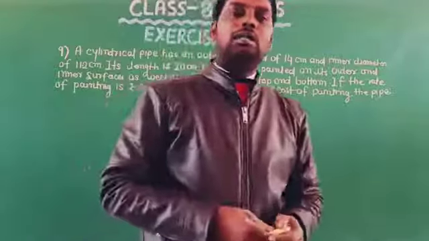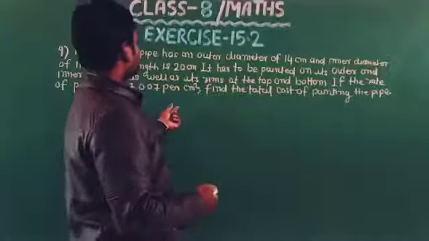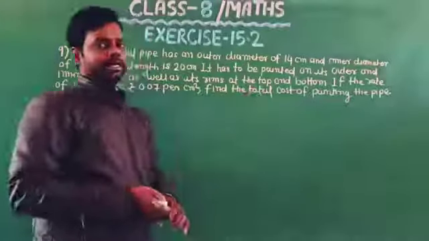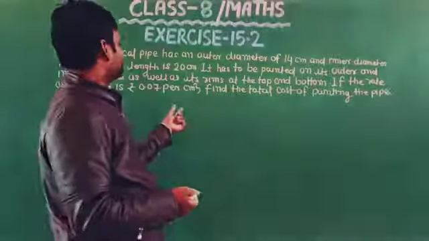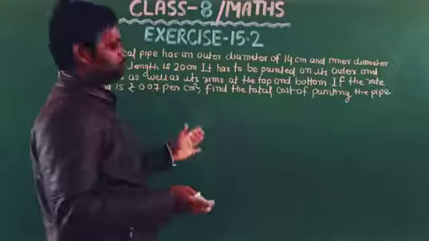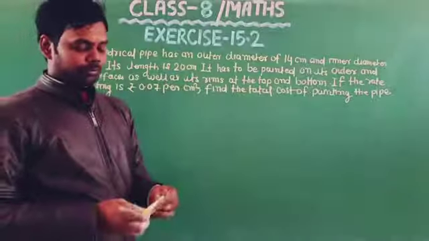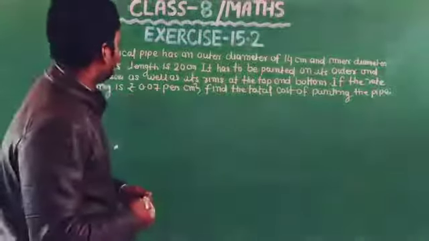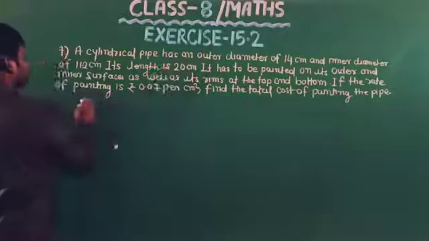So we have to find the total cost of painting the pipe when the rate of painting is 0.07 per centimeter square.